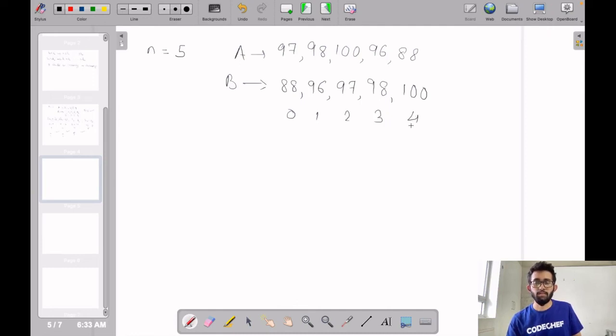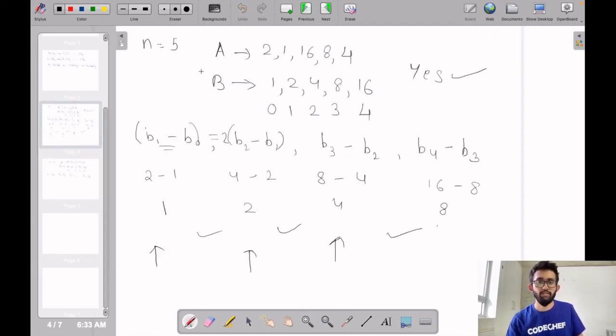Let's label the indices. As we saw in our previous example, if all the conditions are satisfied for every index I, then the answer is yes. And if it fails to satisfy even one condition, then the answer will be no.